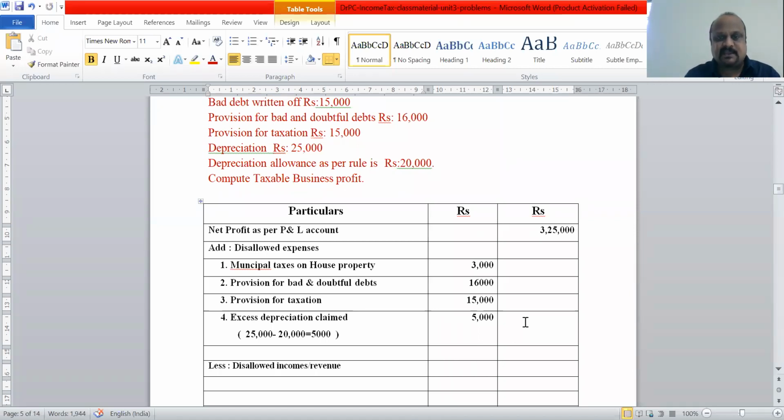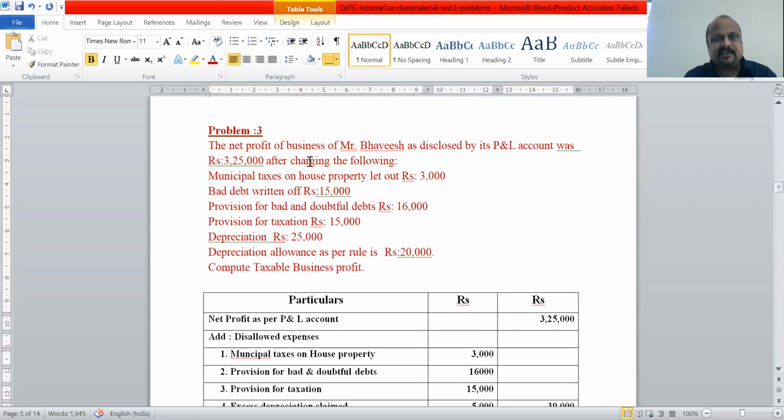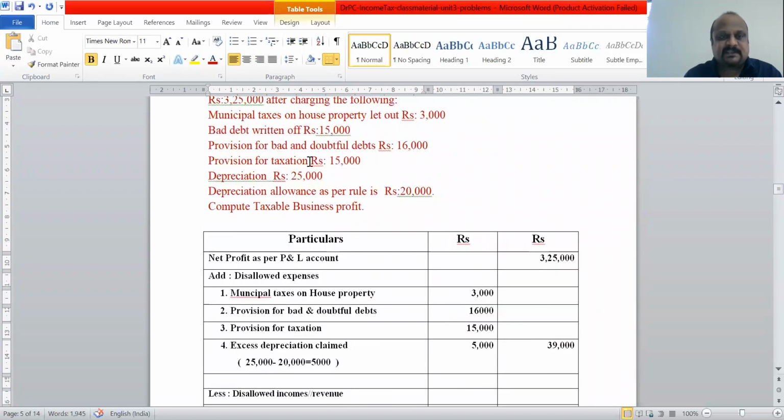In this case, the sum of all these disallowed expenses is how much now? If I add this, 39,000. Correct. So 39,000 is the disallowed expenses, and this will get added back. Now for disallowed incomes or revenue, nothing is mentioned here that can be disallowed as an income.